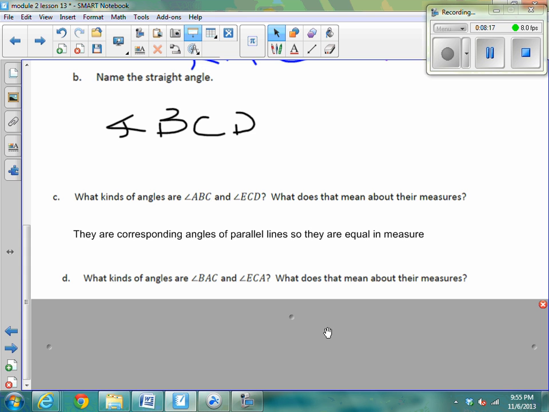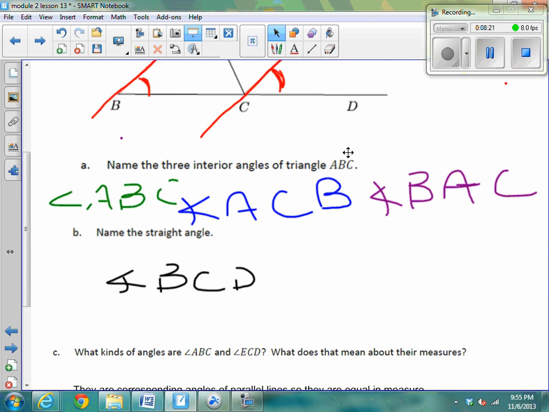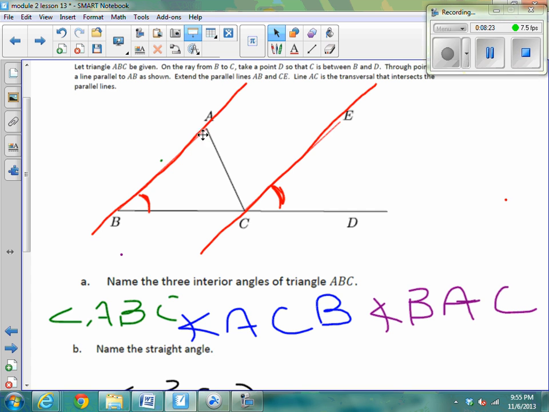And now let's look at angles BAC and ECA. So BAC, so let's mark that. BAC and ECA.